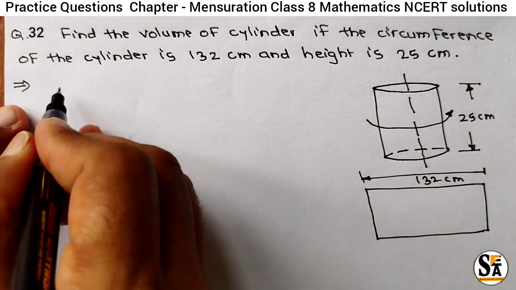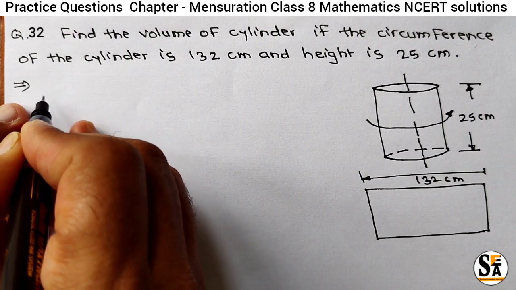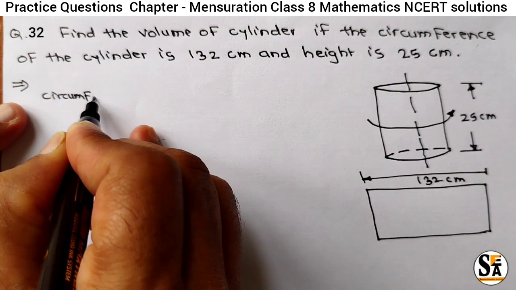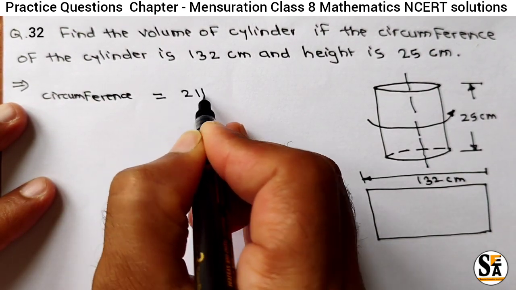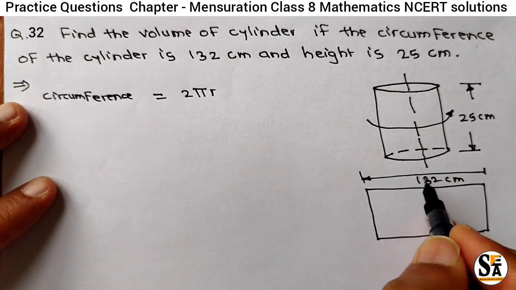Now the formula for the circumference, I will write here, is equal to 2 pi r. This is the base circumference, 2 pi r, and that is given 132.